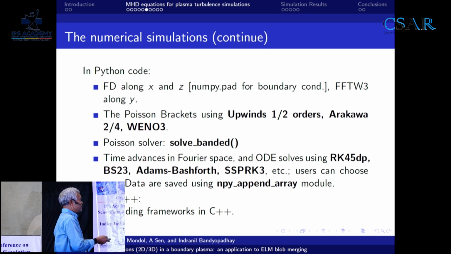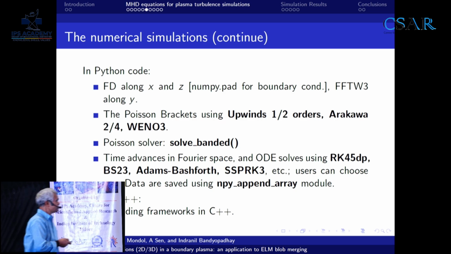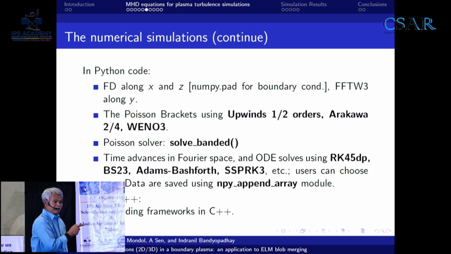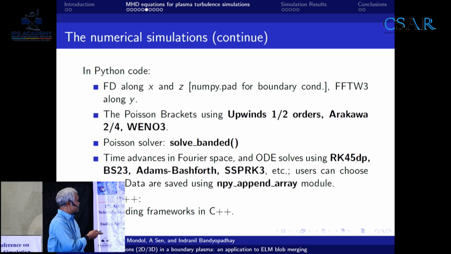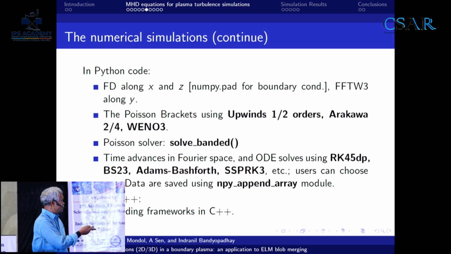Then Poisson bracket using Arakawa first order and second order. BOUT++ has fourth order again. Arakawa scheme again second and fourth. And UNO, the essentially non-oscillatory scheme. This is related to the finite difference, but the code can be called directly. Again, the Poisson solver is solve_banded. It is in Python, not in BOUT++.